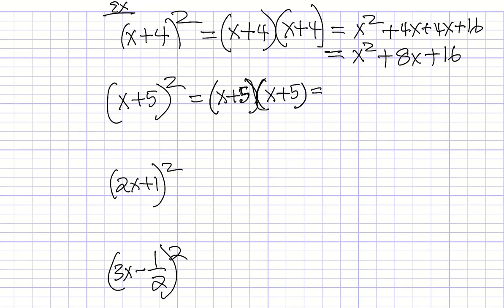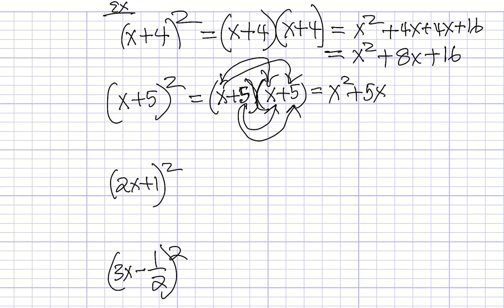Alright, let me show you. Basically, what you're doing is you take this thing, you multiply that. And then you stay with it, you multiply that one. When you're done with it, then you take this one, you multiply that, you take that one, you multiply that. That's all. So you say x times x is x squared. x times 5 is plus 5x. You just follow the signs, whatever sign you have in there.